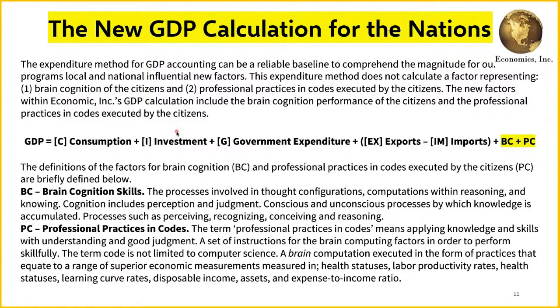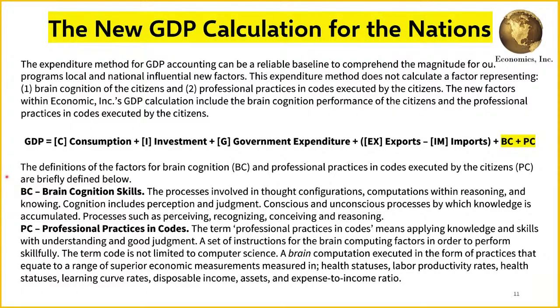Now, what does this mean? Can we get some more clarity on the definition of brain cognition and professional codes of conduct? Well, yes, we do. We have a brief definition. Here we go. Brain cognition skills: the process involved in thought configurations, computations within reasoning, and knowing.